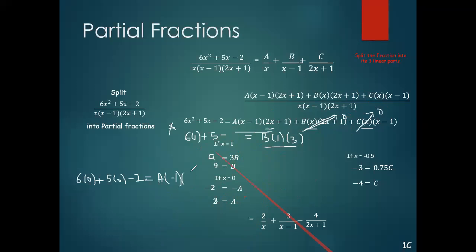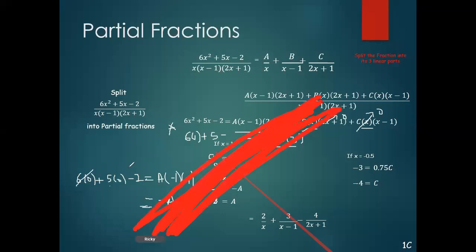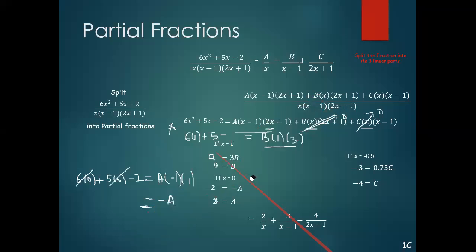So we are going to get minus a equals to, this is 0, this goes to 0, this is 0, this goes to 0, and we are left with what? -2 on the left hand side. Dividing through by -1 will give us a equals to what? A equals to positive 2.